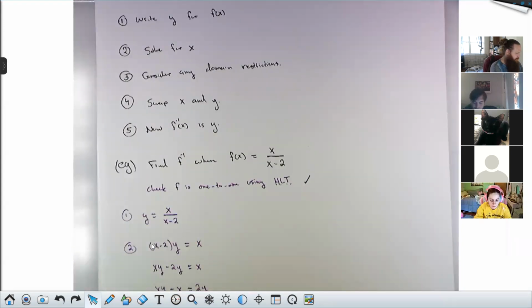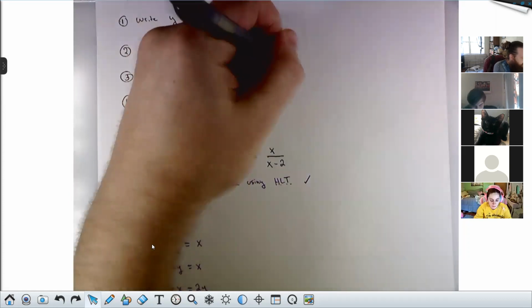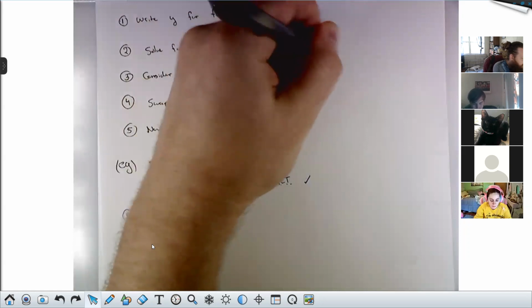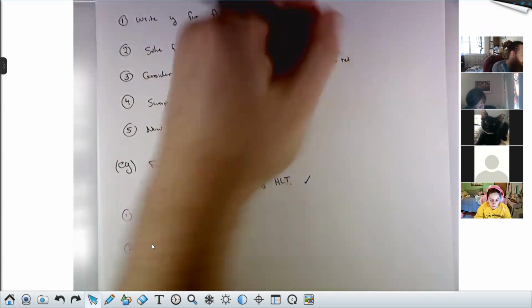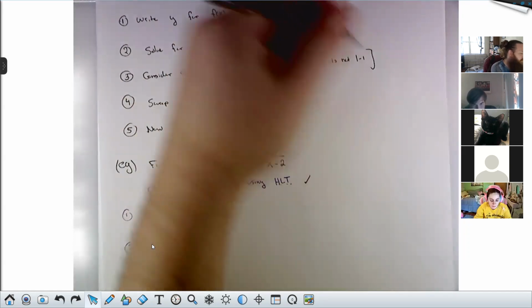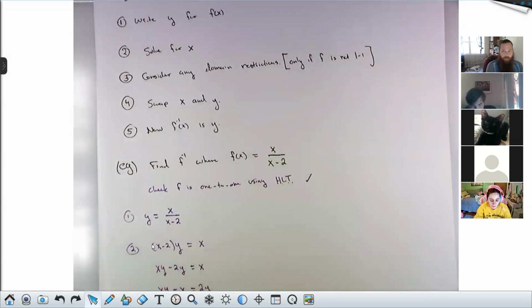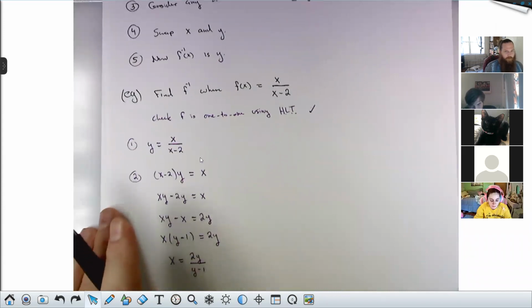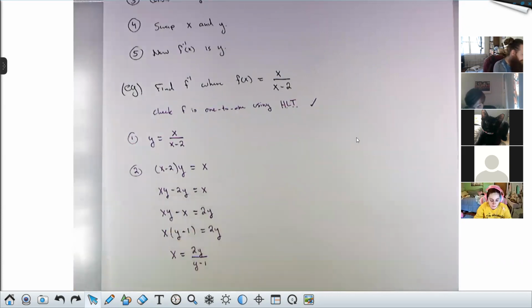Now step 3, let me annotate this. Step 3 is only necessary if the original is not 1-to-1. I know I said you can only invert 1-to-1 functions. There's a little asterisk there, and step 3 is going to be the asterisk. This function was 1-to-1, so we don't need to worry about step 3.